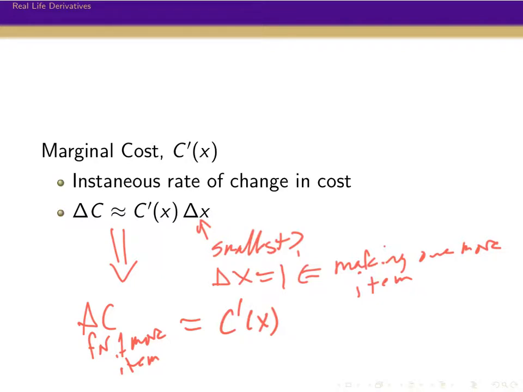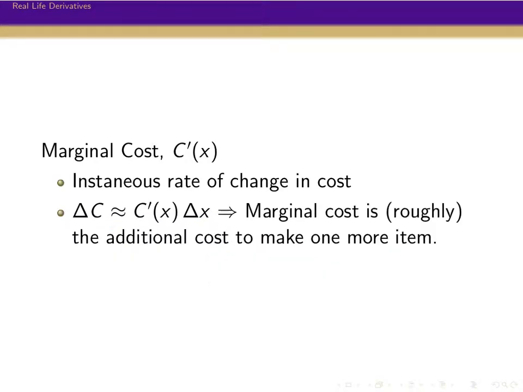And that really is the best way to think about marginal cost. So marginal cost is roughly the additional cost to make one more item, where we're really thinking about setting delta x equal to 1.